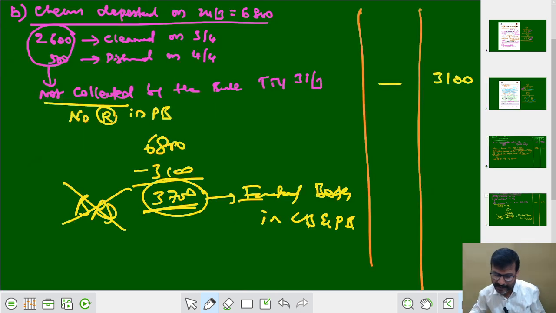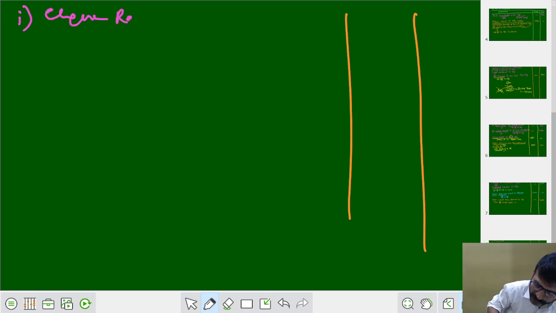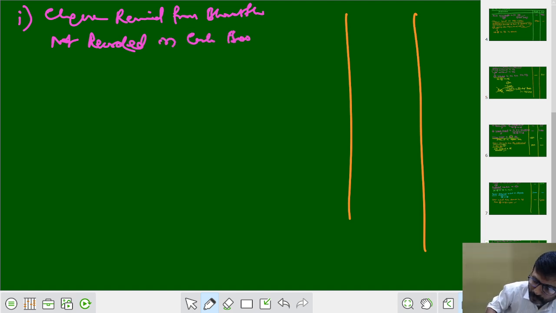So let us write the last point. Point number I think it is I, right? Check received from Bharati, not recorded in cash book. Received 2 lakhs with 5%, meaning 10,000 discount, comes to 1,90,000 rupees.